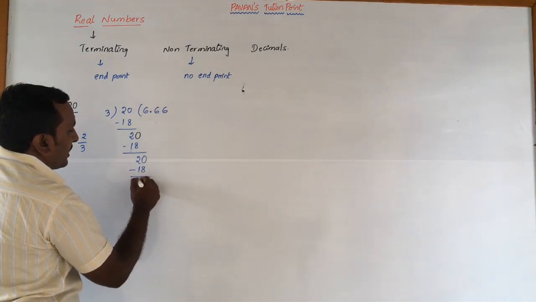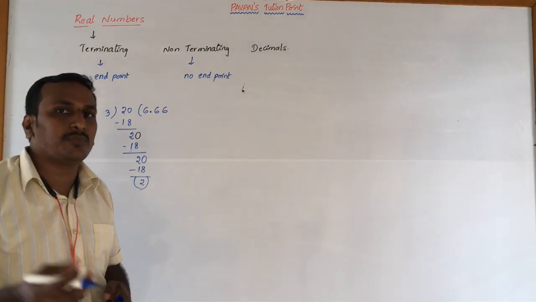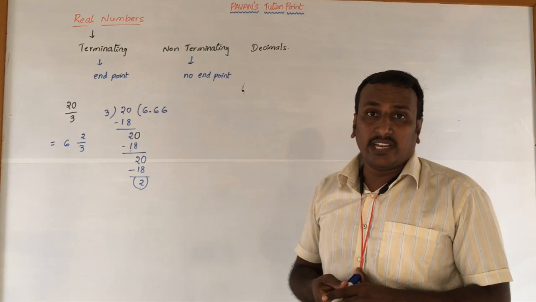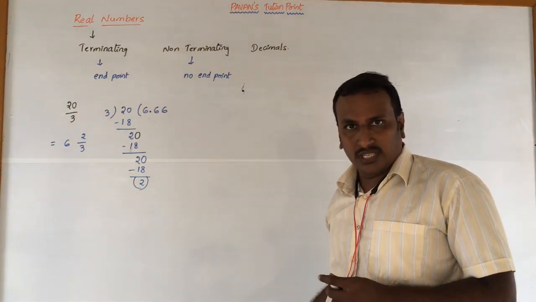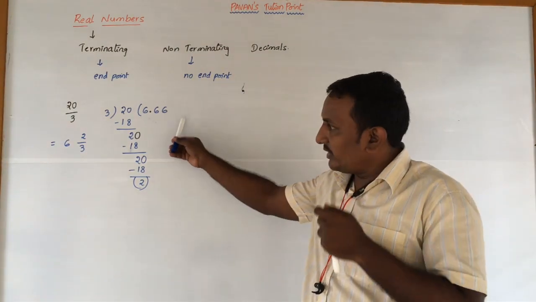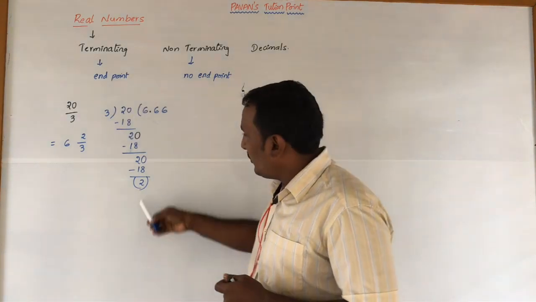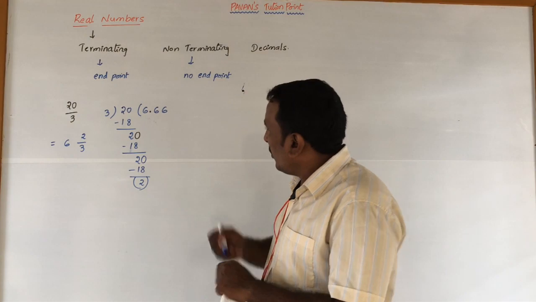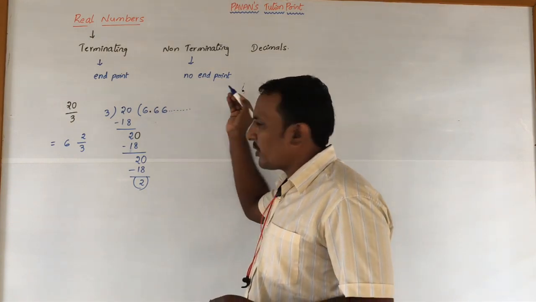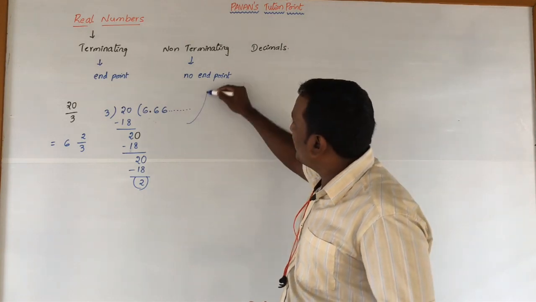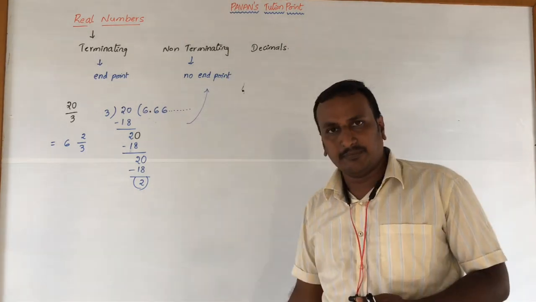Like that we can continue until we get 0. If you get 0 in the division process after the decimal point, that is terminating. Here we are not getting 0, and the process continues and so on. Such types of numbers are called non-terminating.